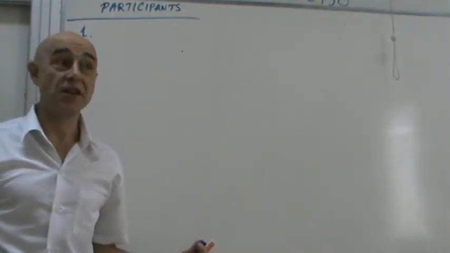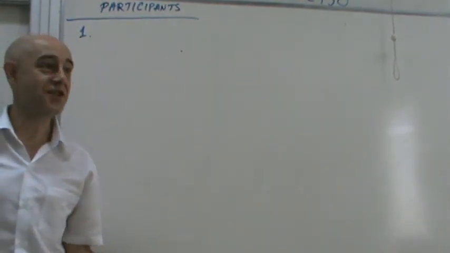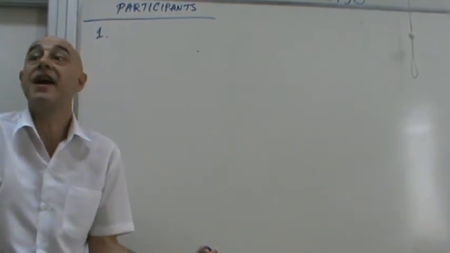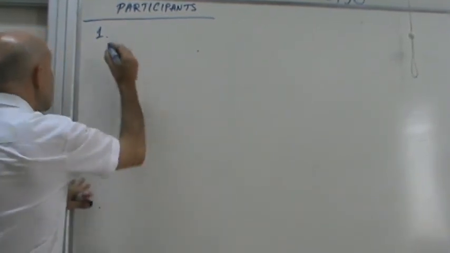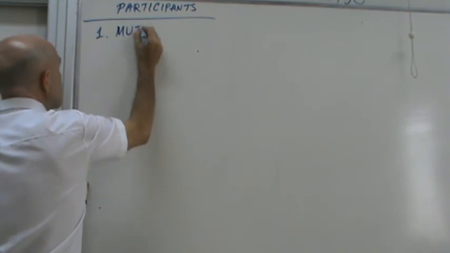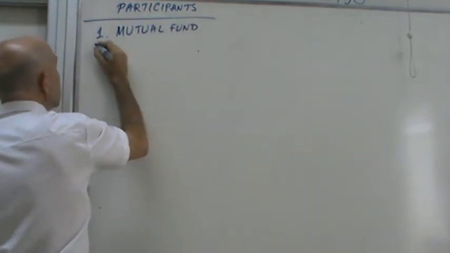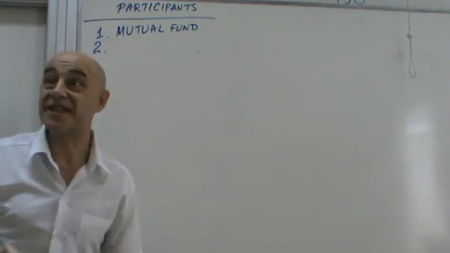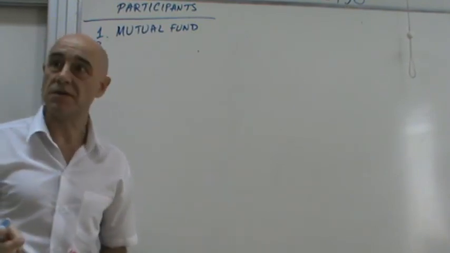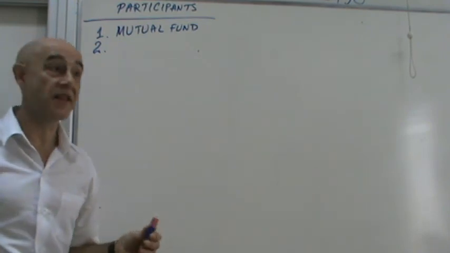Those that invest a lot, remember, they're all investors. In the secondary market, you don't have any other participants. They're all investors. So, mutual funds basically invest mostly in stocks and bonds, but they could invest in other things.